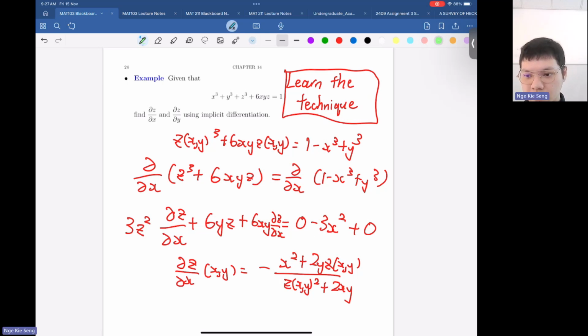Let's try. Is it true or not? Wait, let me think. Del z over del x. Oh, this one has too many variables. I think I cannot use this to show to you. Okay, sorry, I cannot use this to show to you.